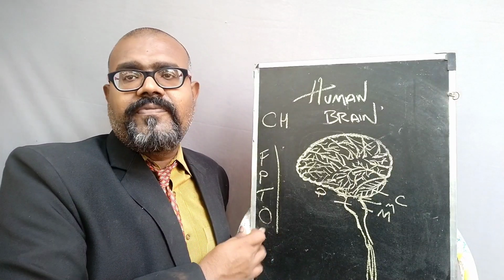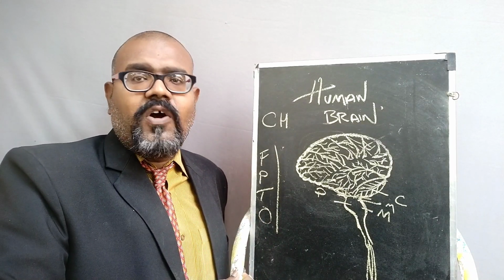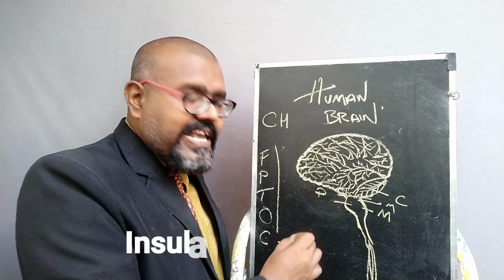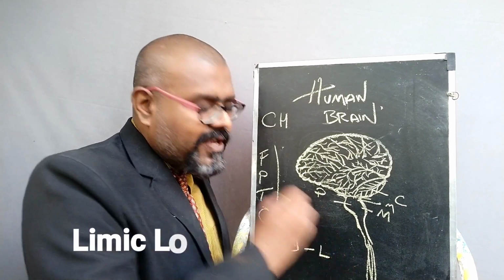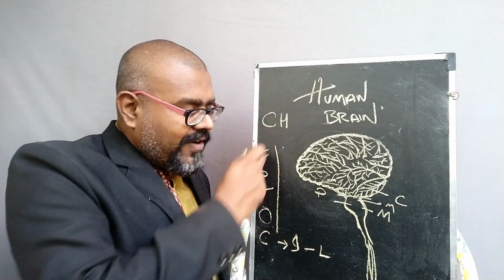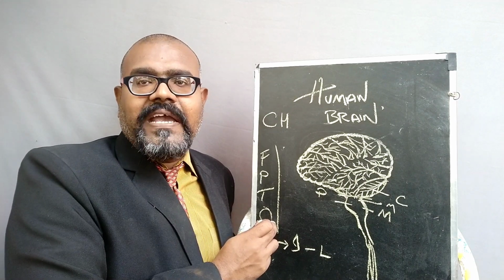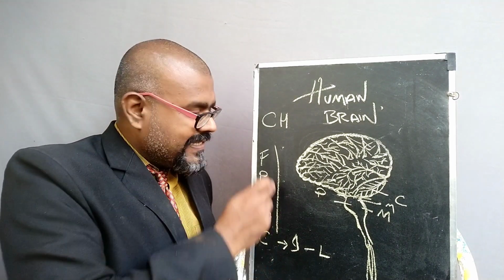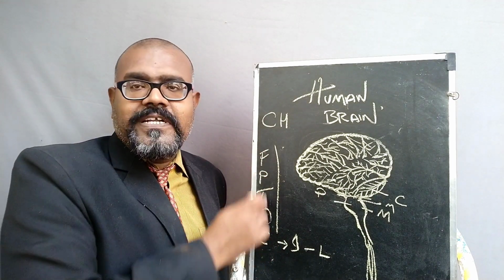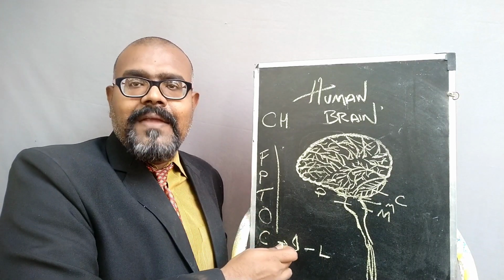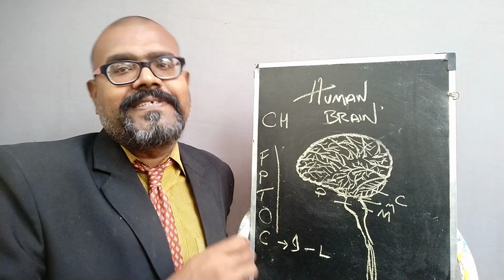Besides these four important lobes, there are three further lobes, called the central lobe, the insular lobe and the limbic lobe. So in total we have seven different lobes, but the main part we discuss in our syllabus is these main four lobes: frontal, parietal, temporal and occipital. Along with those, the central, limbic and insular lobes are also present.